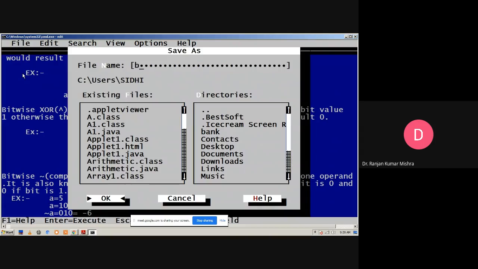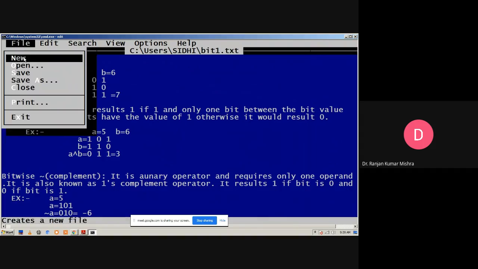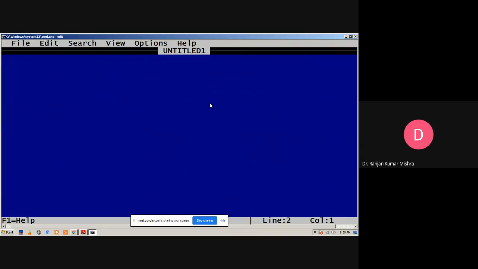Save the file as Bitwise.java, with class Bitwise. Now we have to write the main method: public static void main String args.